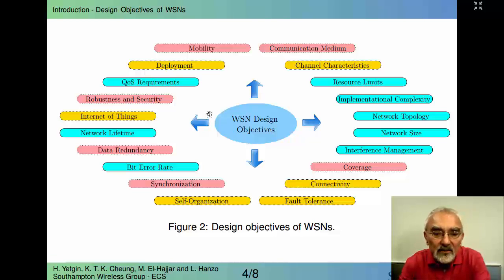More explicitly, perhaps the cyan-colored little blobs indicate the quality of service requirements, the bit error ratio, the network lifetime, the resource limits, implementation and complexity, network topology aspects, network size and interference management. These are all issues that are touched upon to a certain extent in the paper.